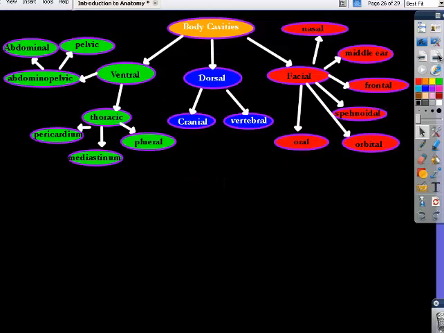So here it is. We got our main category, which in essence is body cavities, right up here. And within the body cavities, we have three main ones. We have the ventral cavities, the dorsal cavities, and the facial cavities. Starting with the ventral cavity, it is made up of two subcavities.